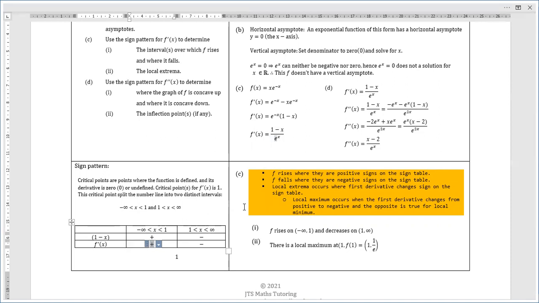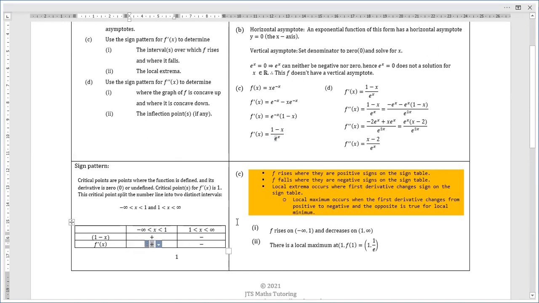There is going to be a local extremum, either a minimum or a maximum, where the first derivative changes sign. There's a local maximum when the first derivative changes from positive to negative, and a local minimum when it changes from negative to positive. So let us answer these questions.